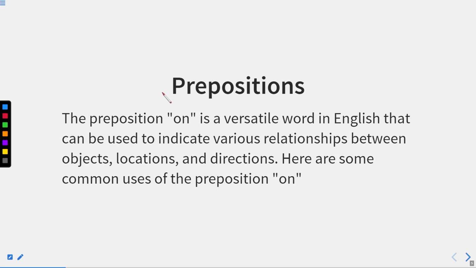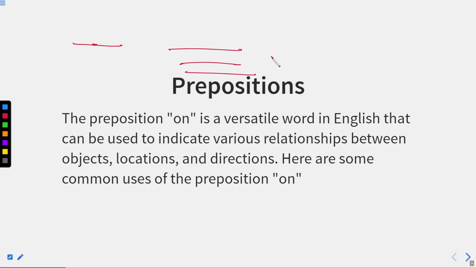Now let me tell you about on. If two things are in contact with each other, for example, if I say the pen is on the table, or the most simple example which I can give you over here, that I'm writing on this slide.